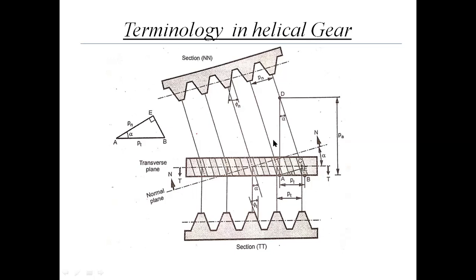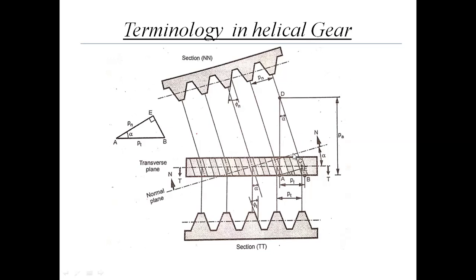When these two lines DA and DC make angle alpha, the perpendiculars to these two lines will also make angle alpha. So the transverse plane and normal plane will again make angle alpha with each other. These two planes are considered in helical gear, but not in spur gear, because in a spur gear the teeth are cut parallel to the axis of rotation only, so there is no normal plane.